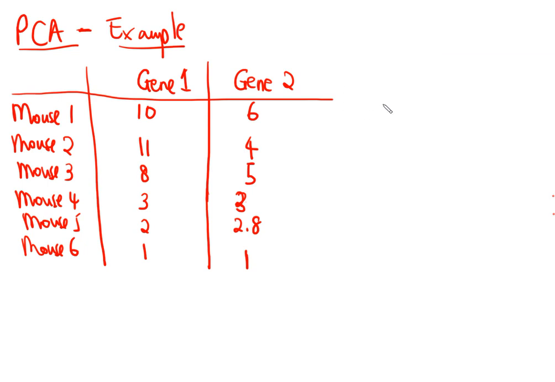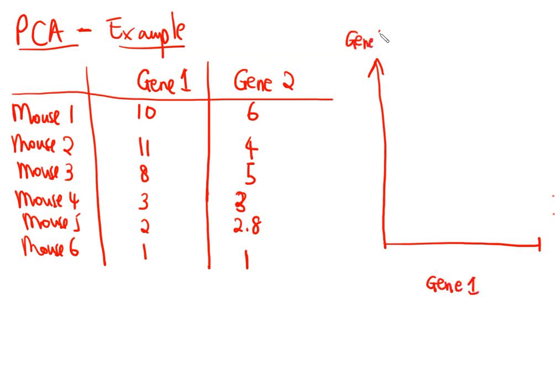Of course, we can plot this on a Cartesian plane. The x-axis can be gene 1 expressions, and the y-axis gene 2 expressions. So we're going to say 10 and 6, 11 and 4, and stuff like that.